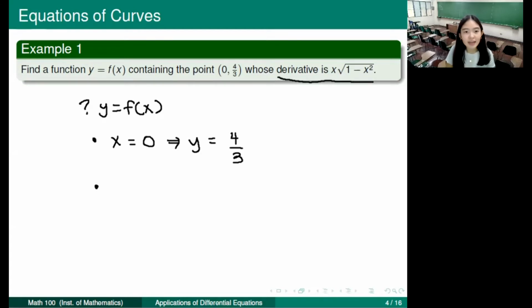Kapag derivative, ang ating notation for that is precisely dy over dx. So, gusto natin derivative ay equal dun sa expression, that's x times the square root of 1 minus x squared. And that's it precisely. Here sa ating second condition, nakagawa tayo ng isang differential equation. So, gagamitan lang natin yung methods natin in solving a differential equation to get yung desired natin na y.